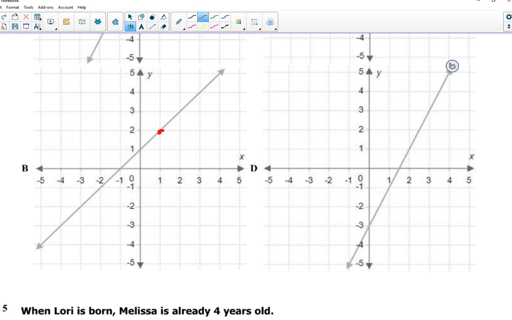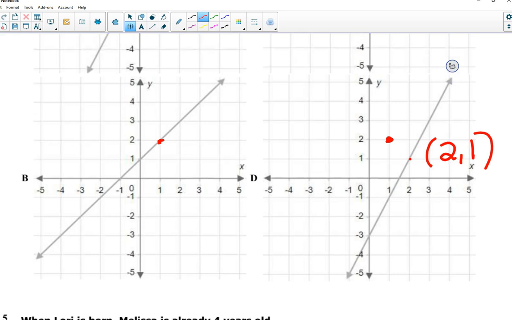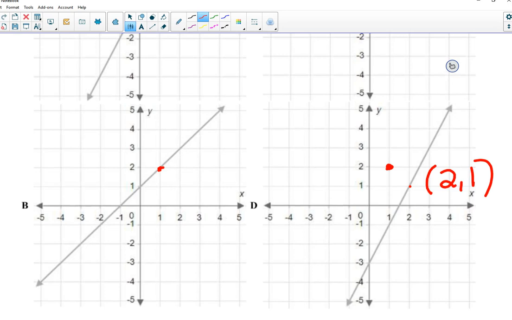But what about this one? What point is this? Is that 1, 2 right there? No, that's 2, 1. So the only one so far we can eliminate is D. Let's just cross it out.